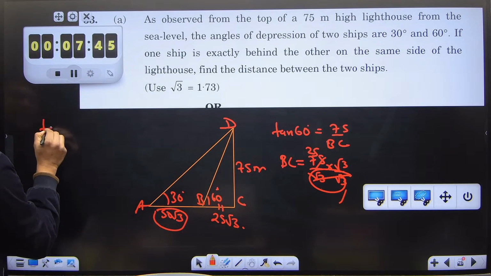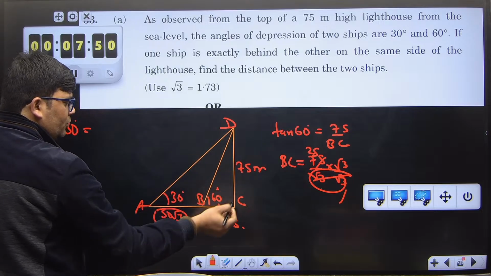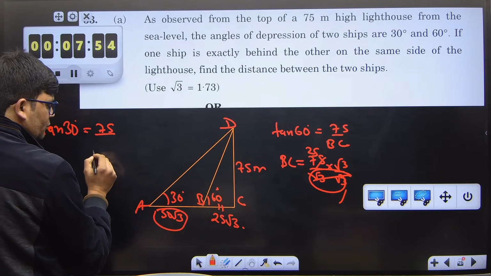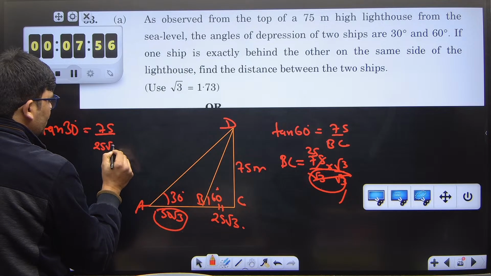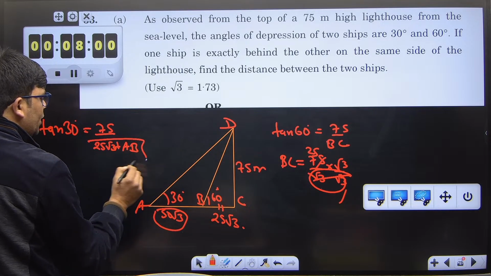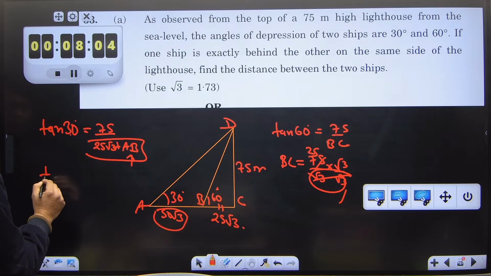So we will write tan 30 degree. Tan 30 is equal to DC, that is 75 upon AB. So AB we can write as 25 root 3 plus AB. So we need to figure out this AB. So tan 30 is how much? 1 by root 3.